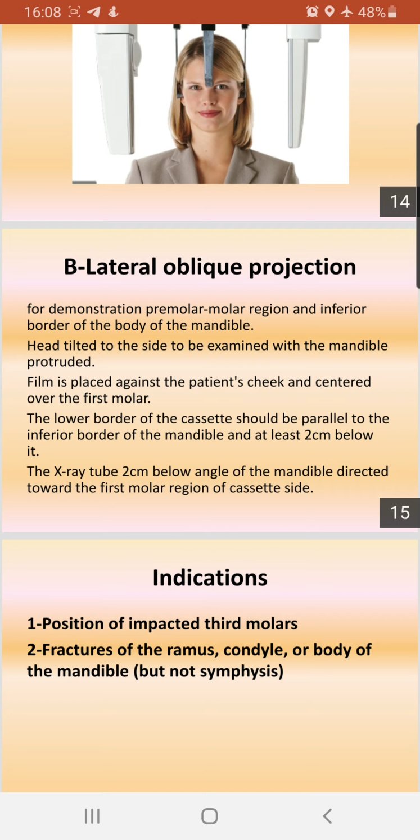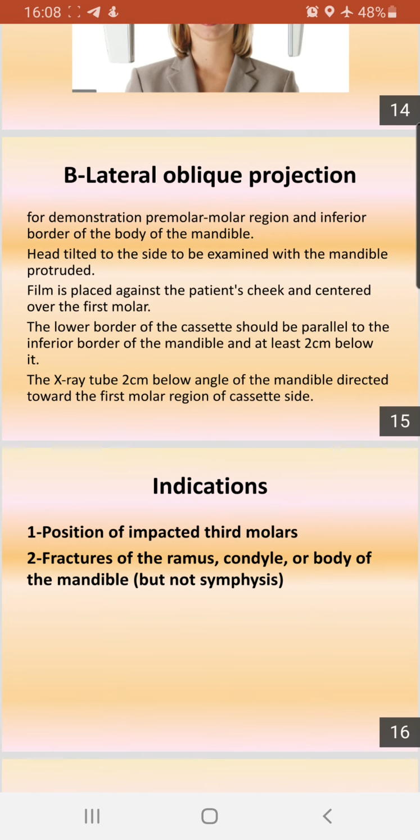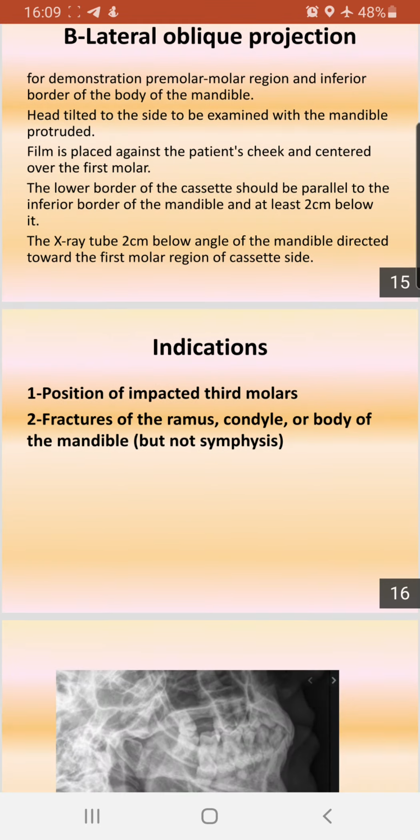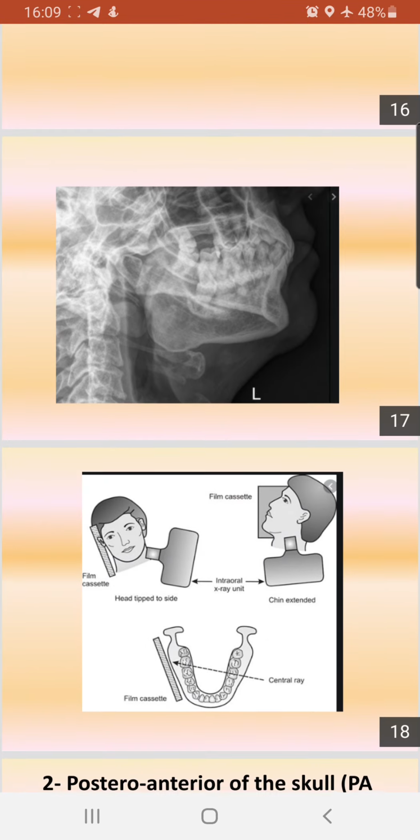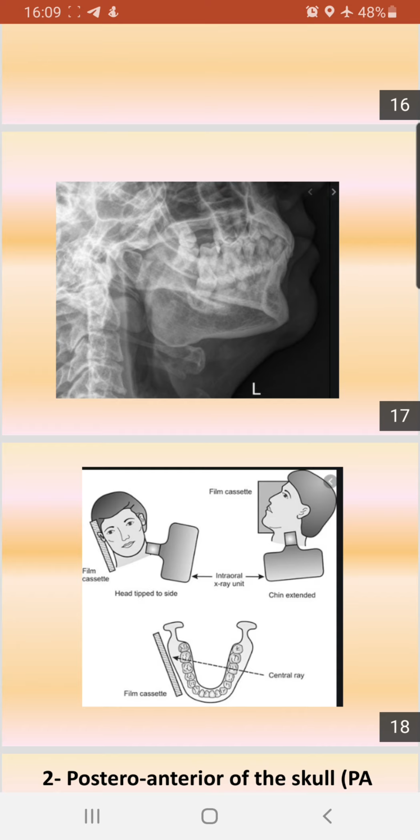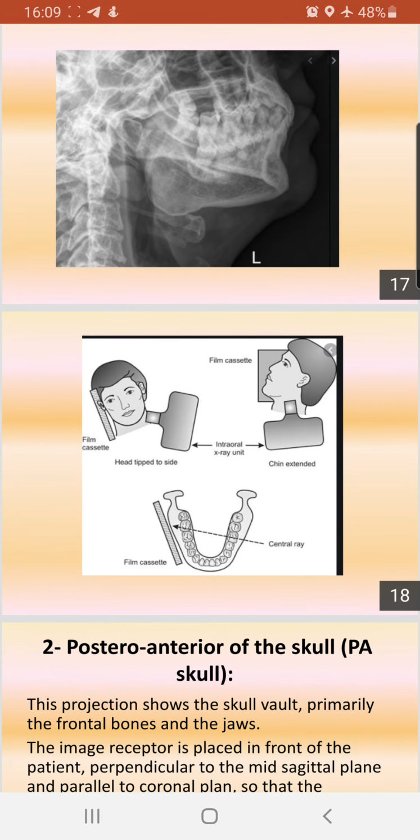The X-ray tube is 2 cm below the angle of the mandible, directed toward the first molar region of the cassette side. Indication: position of impacted third molar, fracture of ramus, condylar or body of the mandible, but not symphysis or midline. This is the oblique lateral projection, and this represents the patient position.